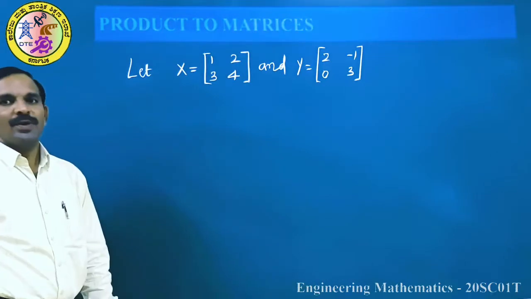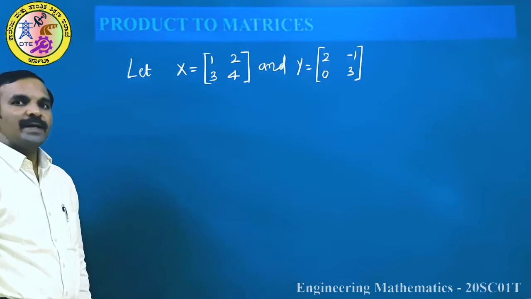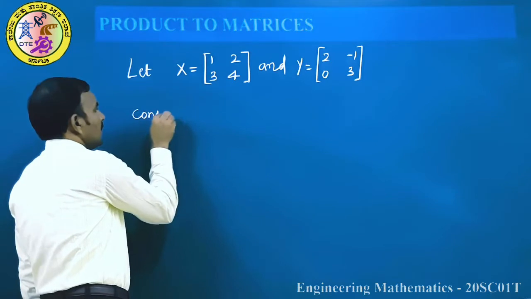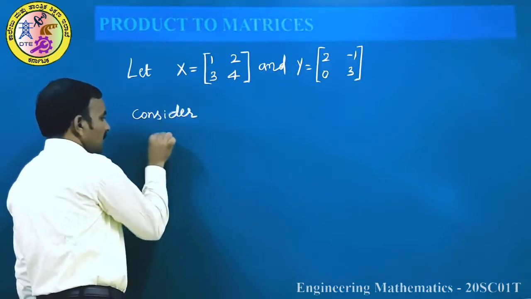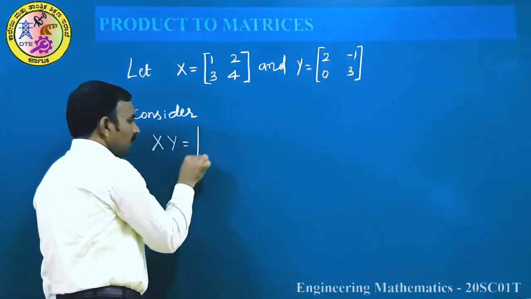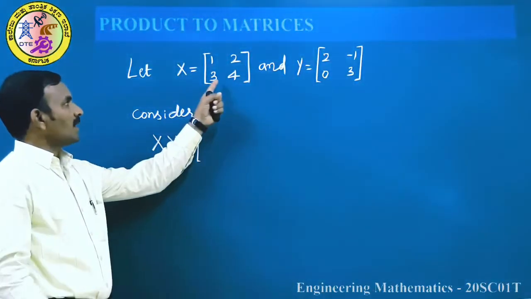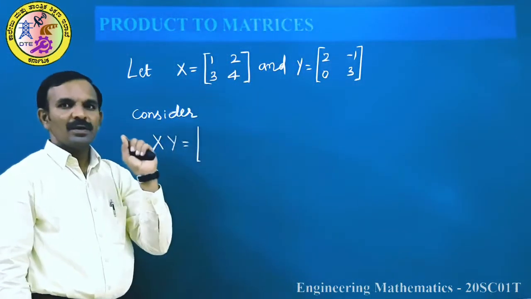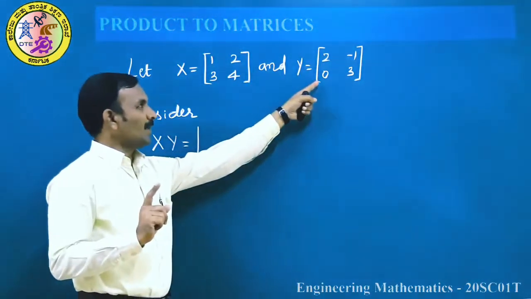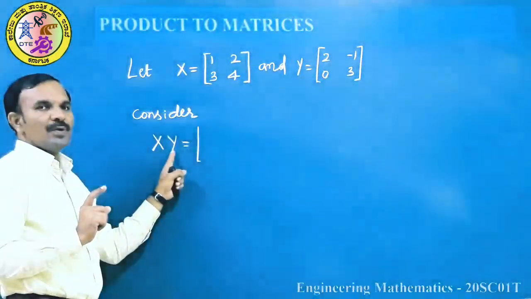Now I am going to find X into Y, and also Y into X. Consider X into Y. Before that, you have to check whether XY exists or not. The order of X is 2 cross 2, and the order of Y is 2 cross 2. The number of columns in X is 2, the number of rows in Y is 2. 2 and 2 are equal, therefore you can find X into Y.